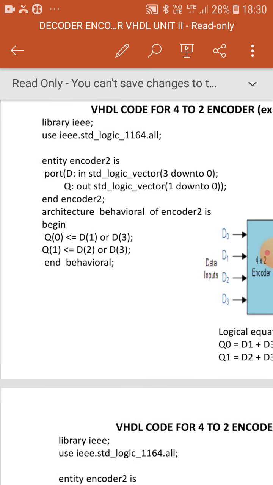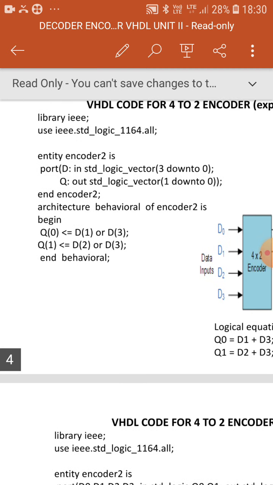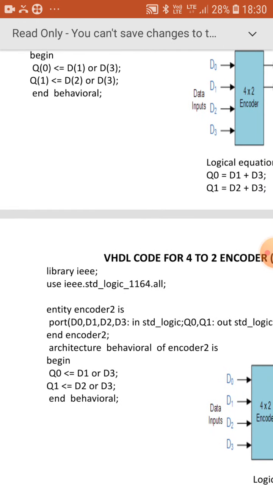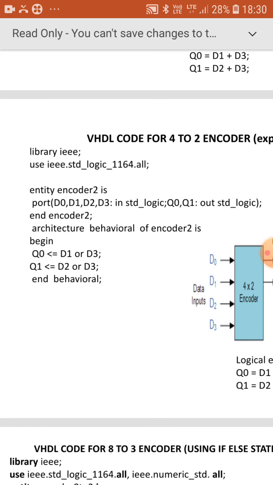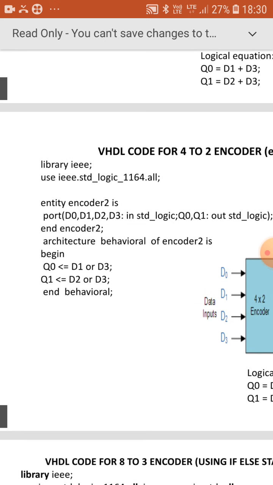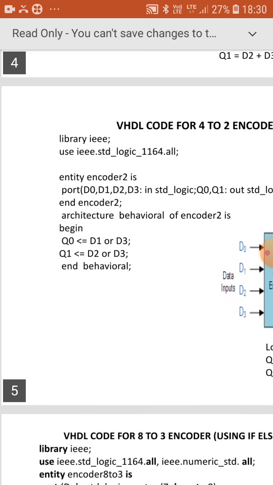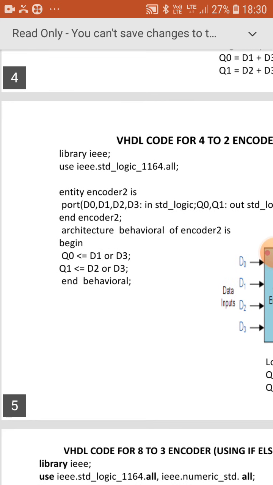So when you define the Q of naught less than equal to, similarly Q of 1 less than equal to. Okay. But here you can write directly Q naught less than equal to D1 or D3. Q1 less than equal to D2 or D3. Okay. Q naught is a single bit value. Q1 is a single bit value.